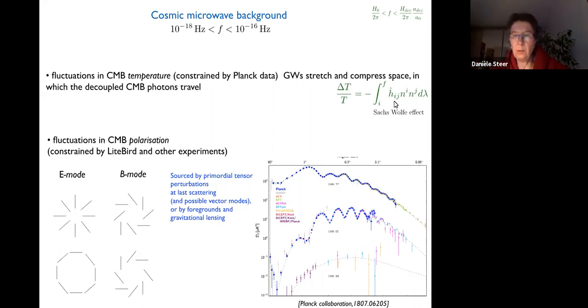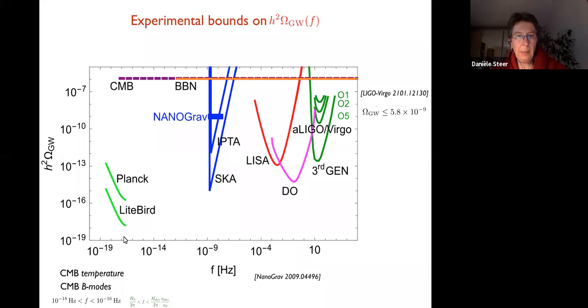So the geodesics of photons are modified, and these induce temperature fluctuations, which are constrained by Planck. And the polarization of the CMB is also sourced by tensor perturbations, and has been constrained, or is being constrained, by a number of different experiments. So those are the CMB constraints down here.